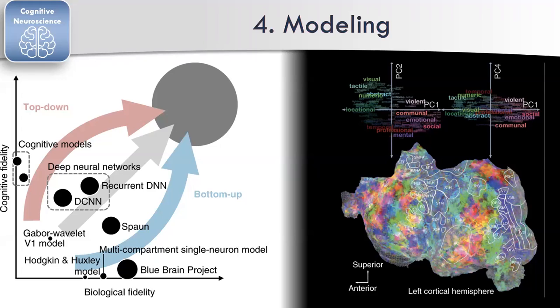So the final thing that I'll discuss here in this video before we move on is this idea of computational modeling. So there's many approaches, but two ways of dividing them you might think of in terms of functional fidelity or cognitive fidelity, and biological fidelity or anatomical accuracy. Arguably, that's what a connectionist system is, right?